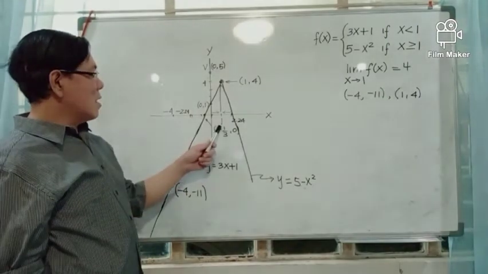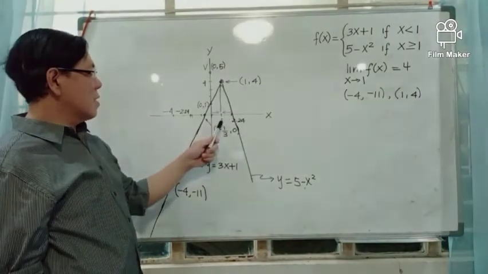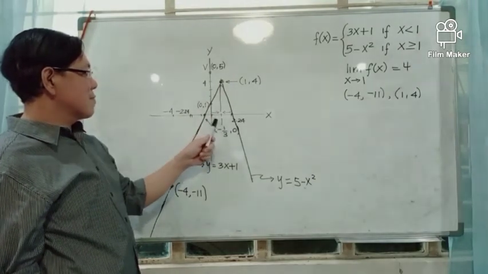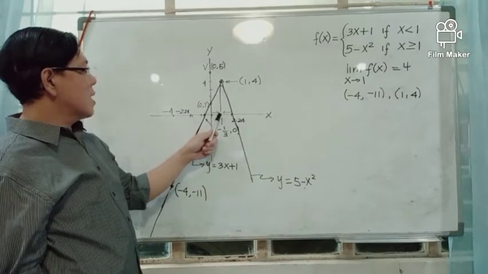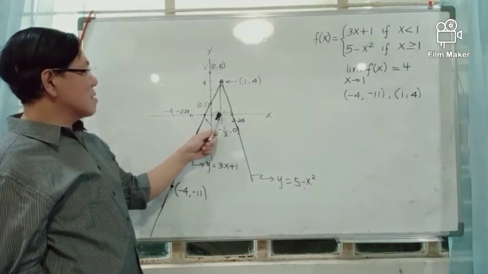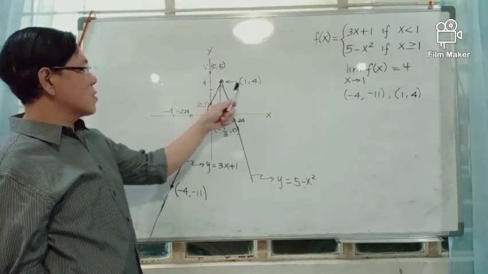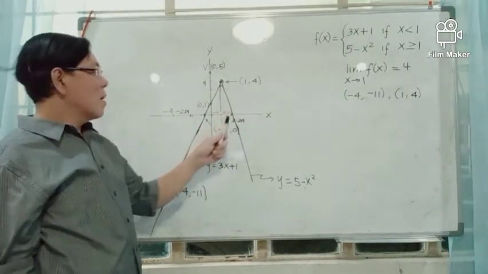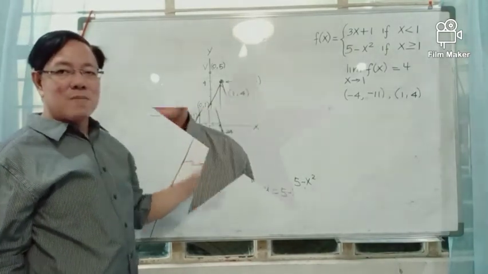Again, when x approaches 1 from the right or when x approaches 1 from the left, the value of the function approaches 4. So 4 is the limit of the function as x approaches 1.